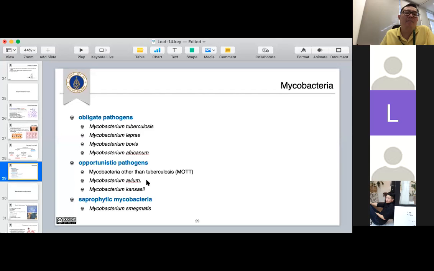By name, this is the causative agent of tuberculosis in birds, but it also causes infection in humans. Also Mycobacterium kansasii. A bacterium in this group that does not cause disease is Mycobacterium smegmatis. That's the point.